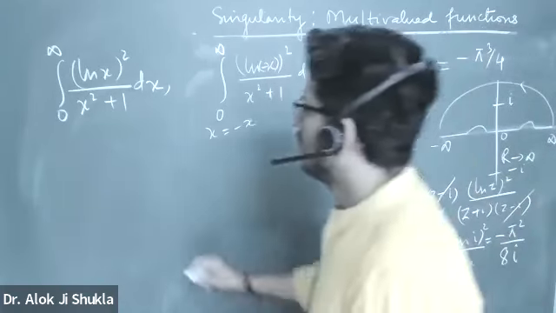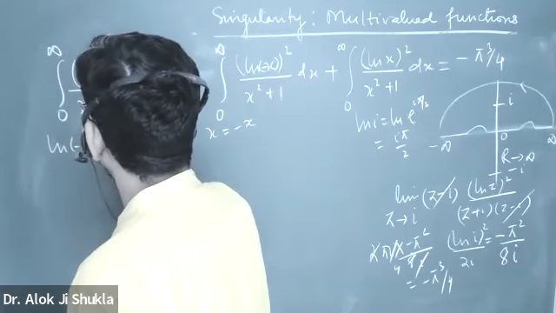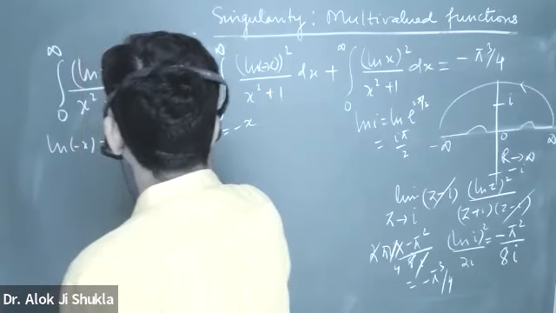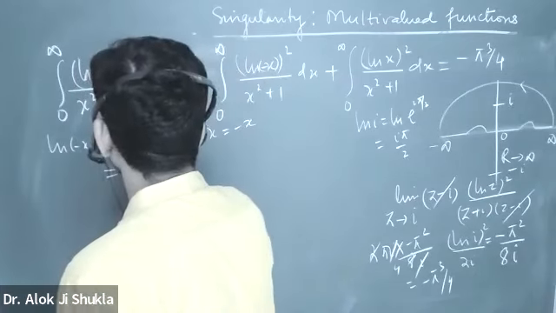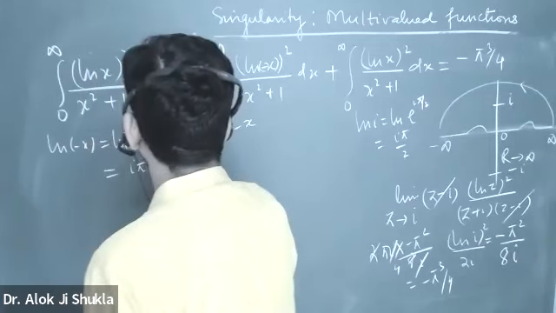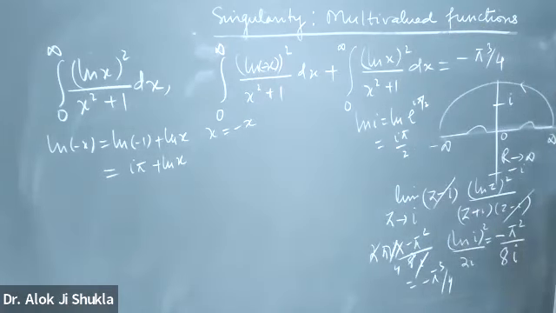And log of minus x will be log of minus 1 plus log of x, which is i pi plus log of x. Now the things you have learned are being used exactly like ABCD.